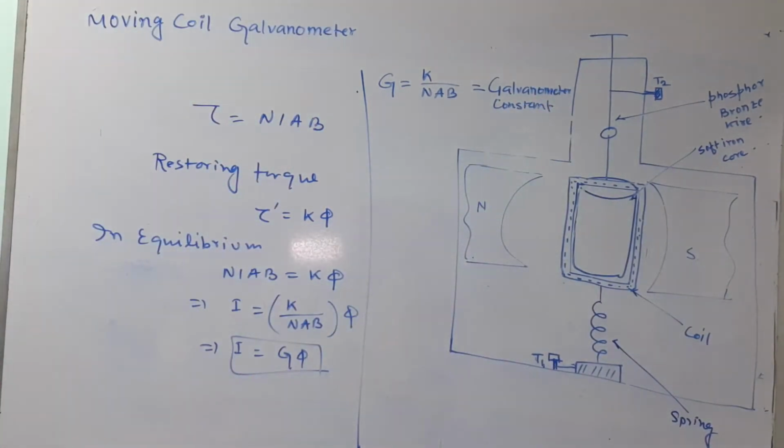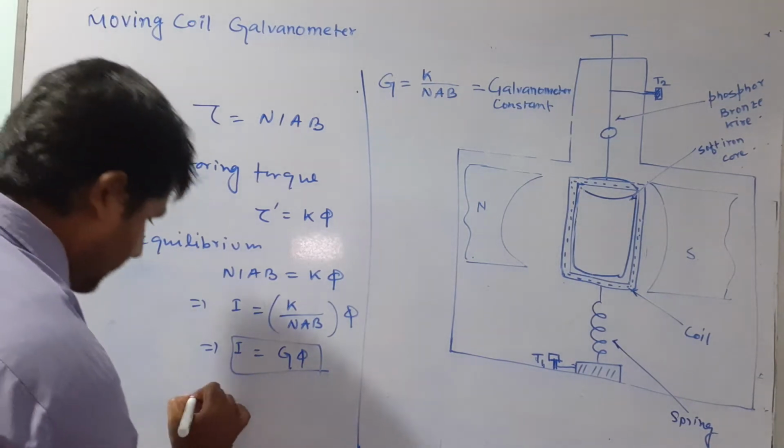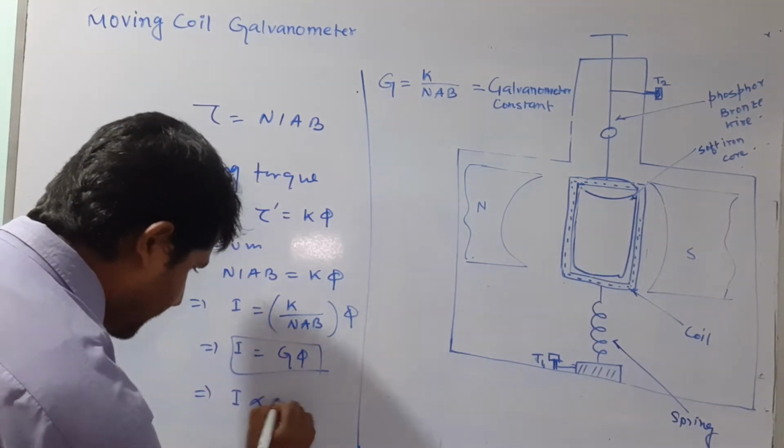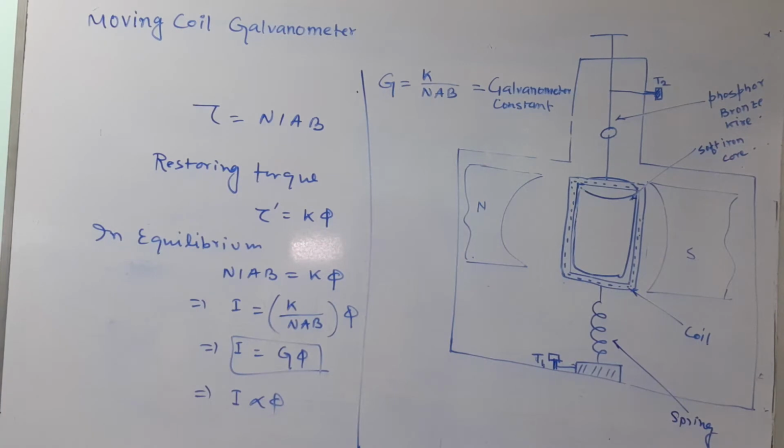So from this expression you can write I is proportional to phi, which gives that the deflection is directly proportional to the current flowing through this coil.